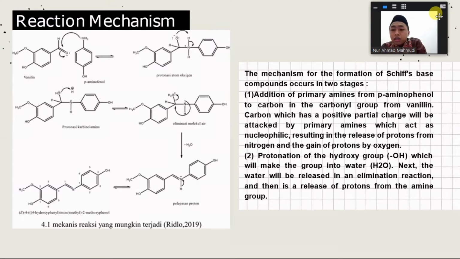Carbon which has a positive charge will be attacked by primary amines which act as nucleophiles, resulting in the release of proton from nitrogen and the gain of proton by oxygen. The second stage is protonation of the hydroxy group, which will make the group into water. Next, the water will be released in an elimination reaction and then a proton is released from the amine group, so the product of synthesis is formed.